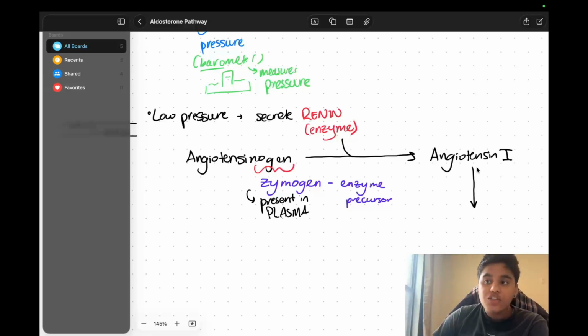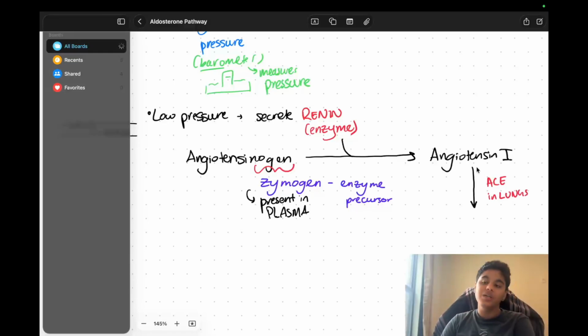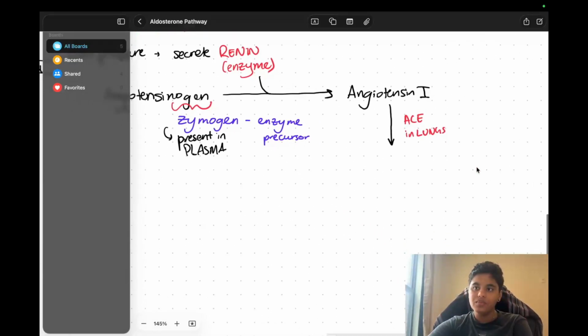And when it reaches the lungs, there is an enzyme called the ACE enzyme, or just ACE, right? And this is in the lungs, which is really, really weird to think about. Okay.